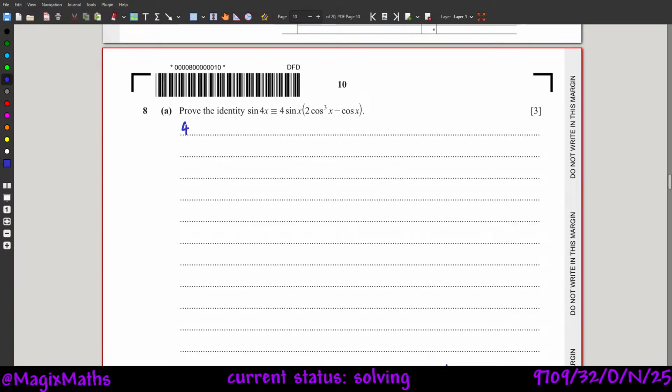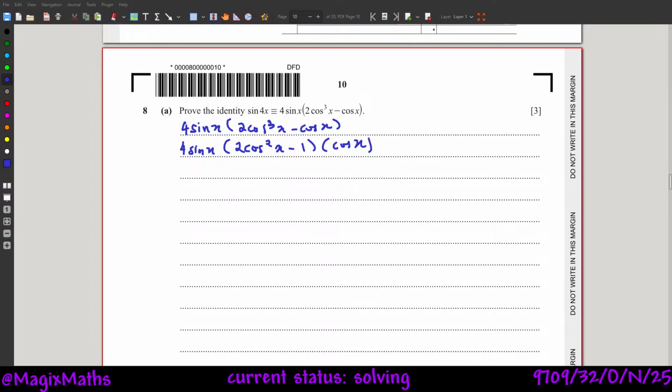So just writing this, it's 4 sine x. You can factorize the x, right?